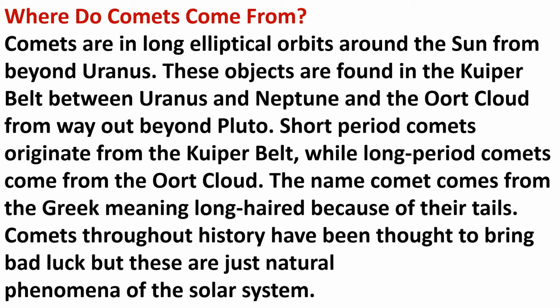The name comet comes from the Greek meaning long-haired because of their tails. Throughout history, comets have been thought to bring bad luck, but these are just natural phenomena of the solar system. But what we do every time we see a comet is make a wish, right?